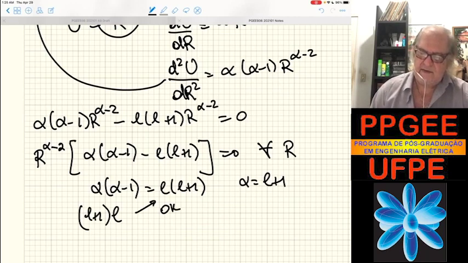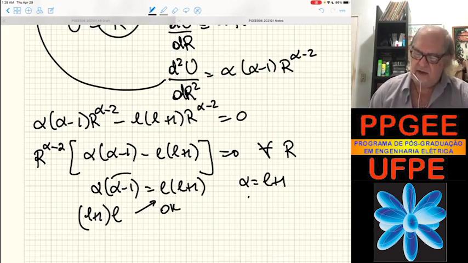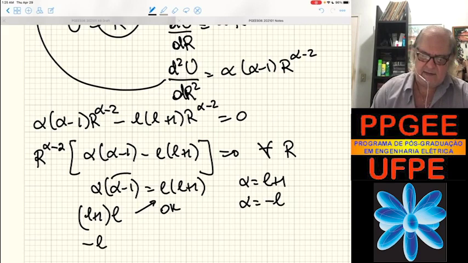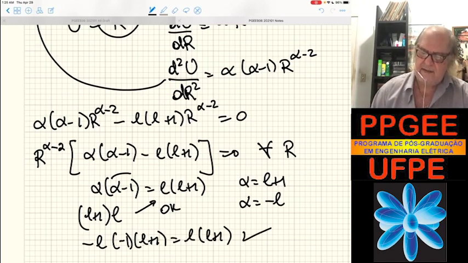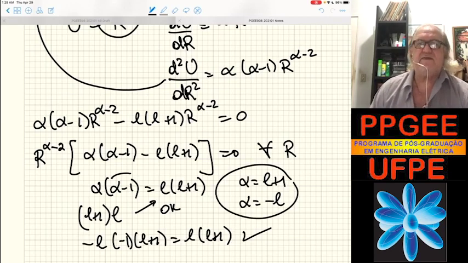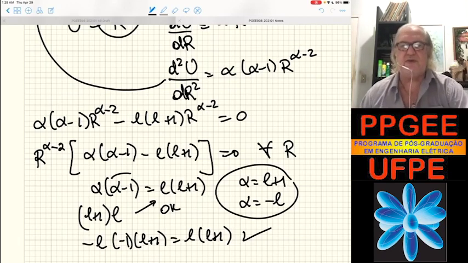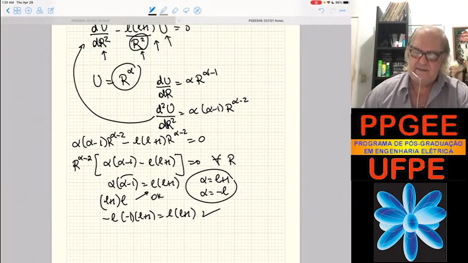The other is to use alpha so that this gives l times l plus 1. So use alpha equals minus l as a second possibility. Minus l times minus l minus 1 equals l times l plus 1. So the two possibilities for alpha give two independent solutions.